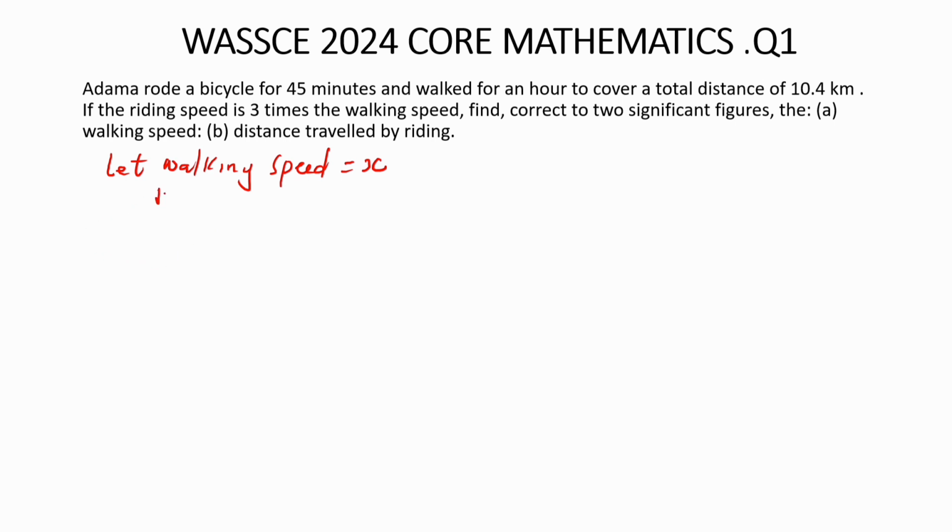Then the riding speed is going to be 3 times the walking speed, so 3 times x. Also, from the question, the riding time is 45 minutes.